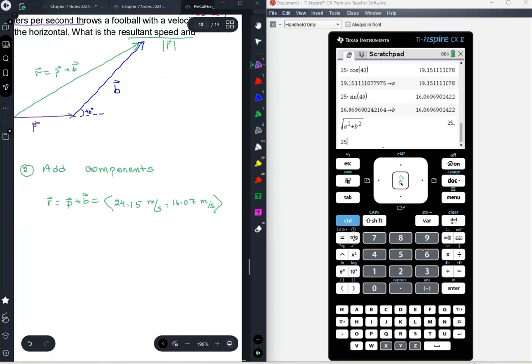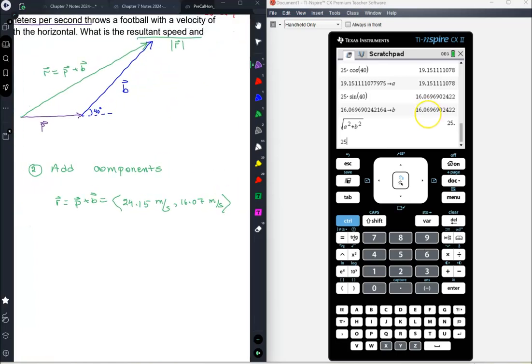29.0088. What are these things? Okay, 16.07, the B is right. Okay, but this is supposed to be A plus 5. And then I'm going to store that as the new A. So that's the A. So now let's do A squared plus B squared.